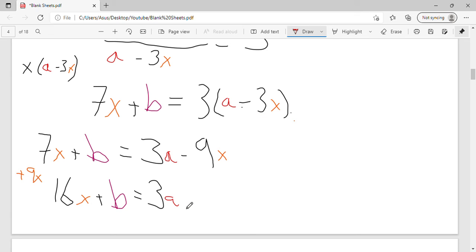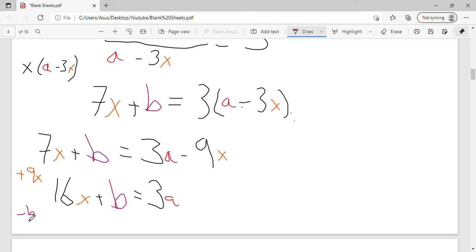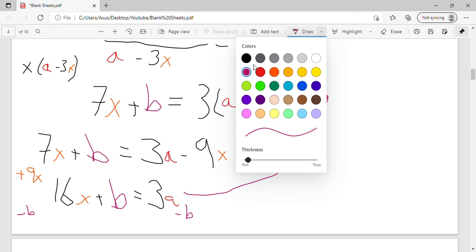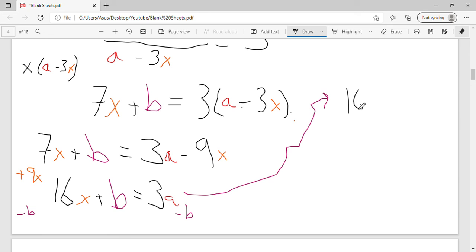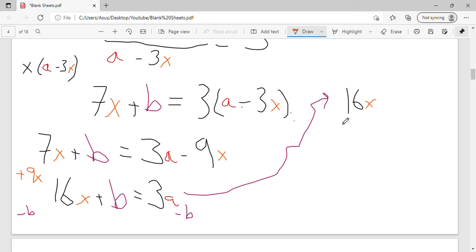Okay, so let's move on to the next part. So what we have to do is get rid of this plus b to make the x on its own. So we are going to minus b from both sides. So that is going to give us 16x, and the b is going to get cancelled out.